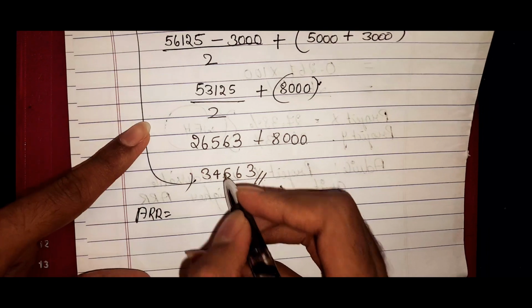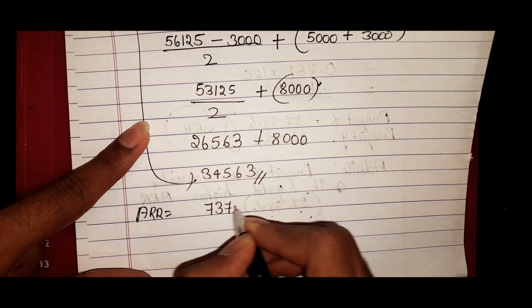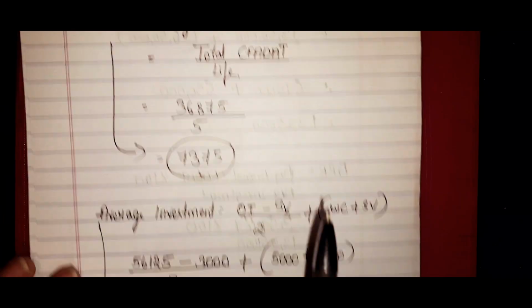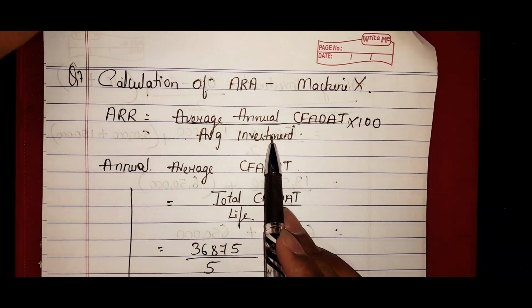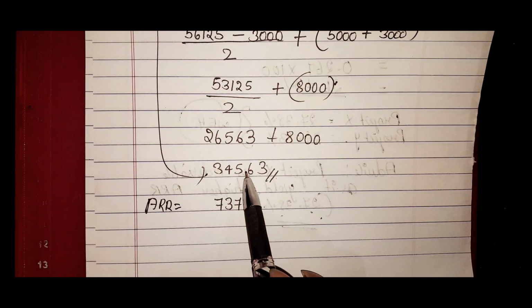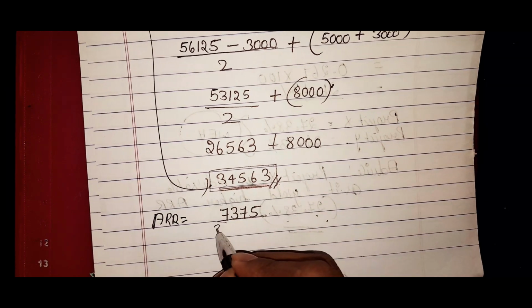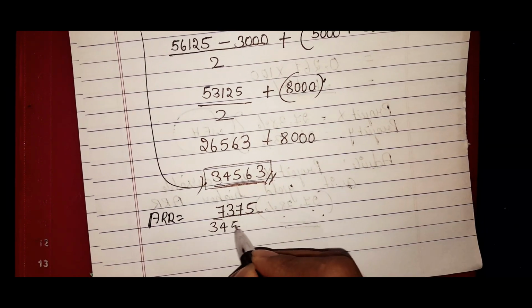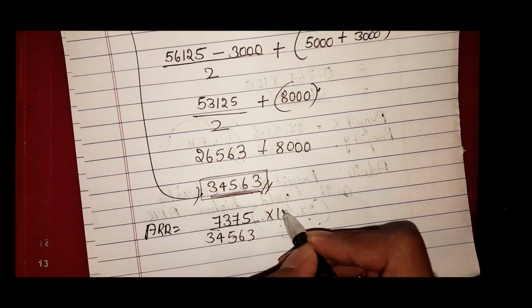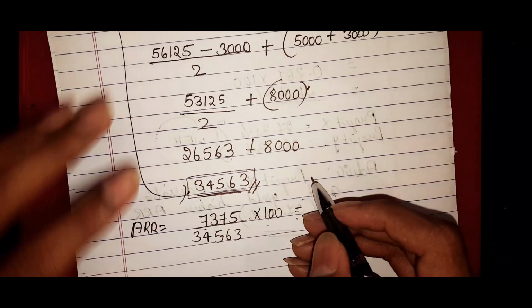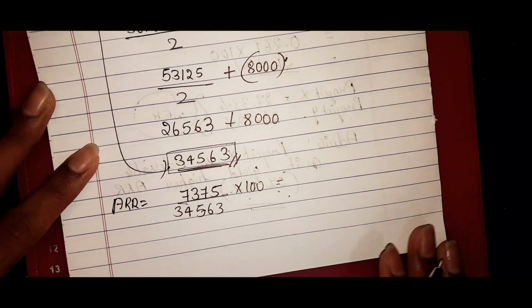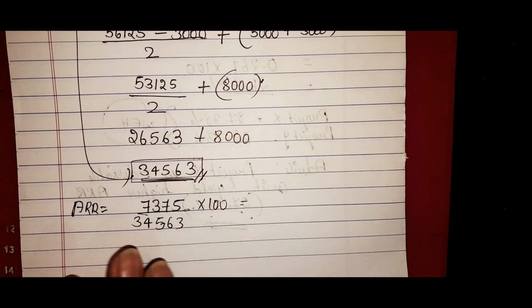So I will write that here. 7,375 divided by average investment. Average investment we have found out. What is the average investment? 34,563 into 100. If you solve this equation, we will get the average annual rate of return.